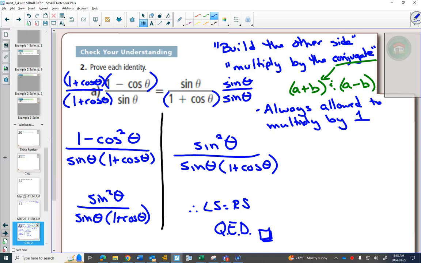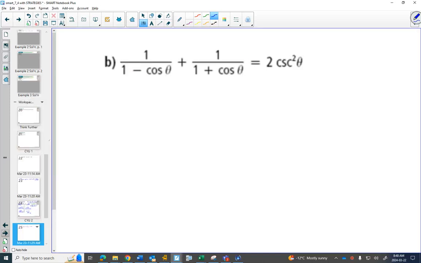So what initially seemed impossible, when we used build the other side, it became possible. Excellent.